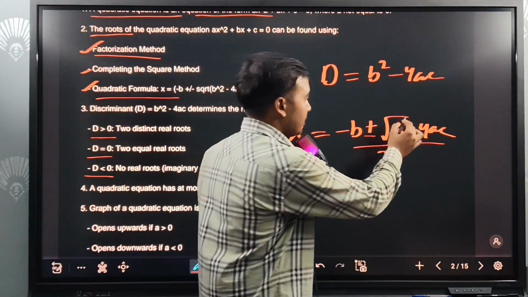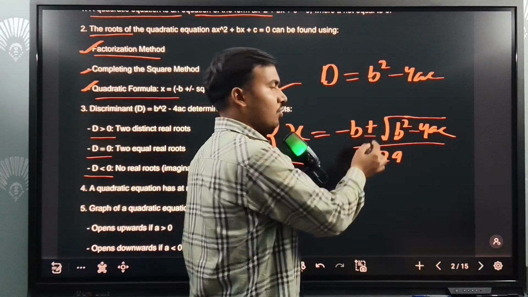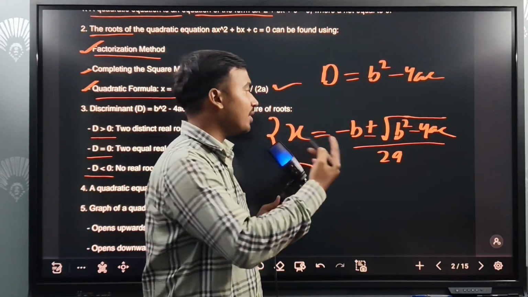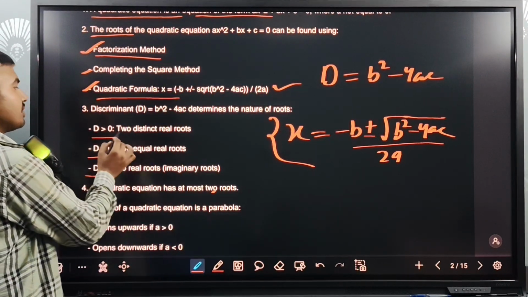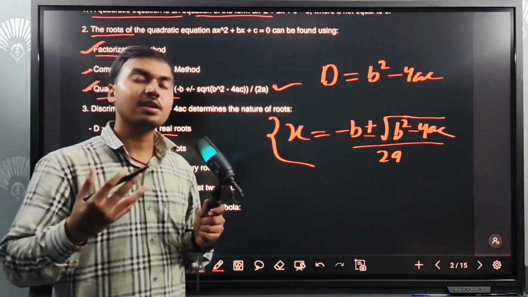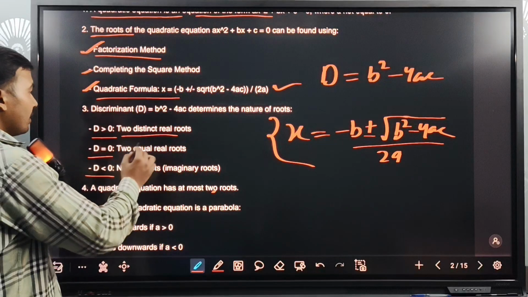If the discriminant is positive, then the roots will be real. So when the discriminant is greater than 0, two distinct, that is different, roots will be there, and both roots will be real.